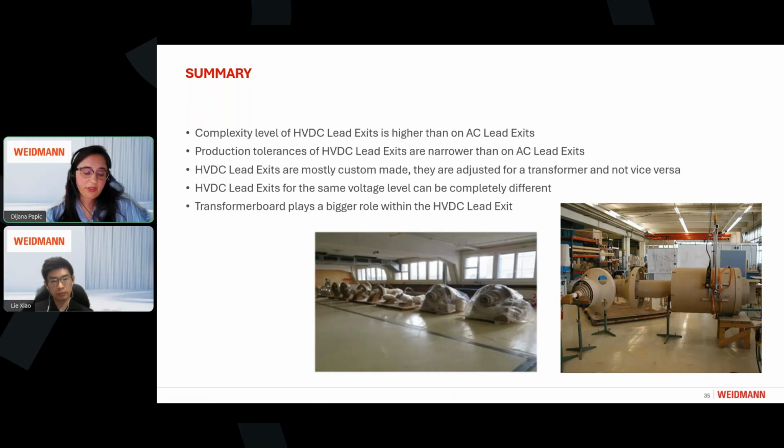And here again we see that the transformer board plays a big role, since the main field stress is attracted to it, so it is very important for the DC and polarity reversal impact.